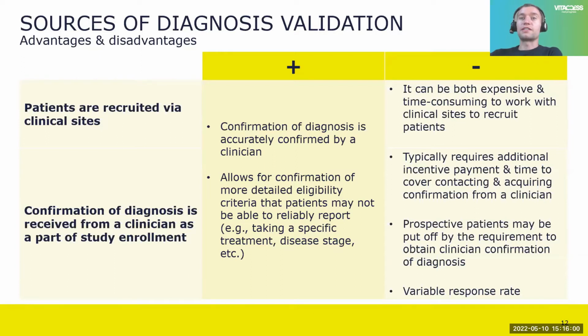Also listed here is that, again, through working with clinical sites, we would typically expect to be able to get more information about a diagnosis than potentially a patient could provide. Also, if it's a study involving minors, or a rare disease where the study participant isn't as familiar with all of the aspects of the disease that are required for that study, those are some things that clinical staff are able to provide in addition to a participant.